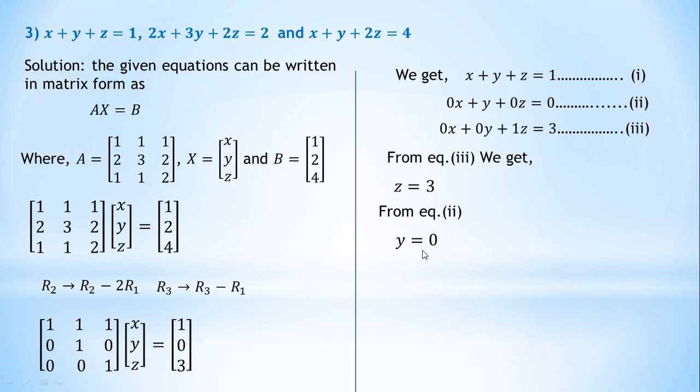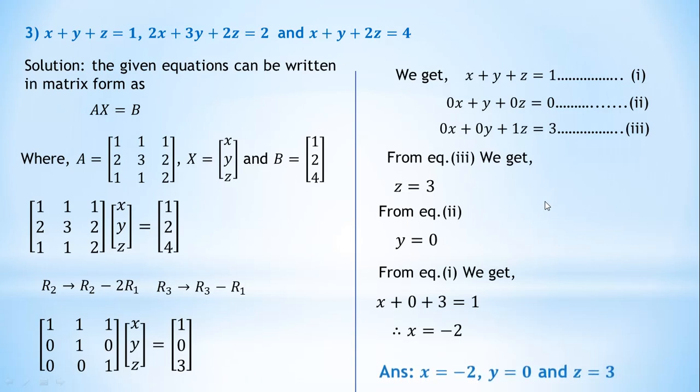Okay, so directly we get y is equal to 0, because on the right hand side that is 0. So it is very easy. So if you put all these values, that is value of y as 0 and value of z is equal to 3 in equation number 1, then we get the value of x is equal to -2, and hence our final answer is x is equal to -2, y is equal to 0, and z is equal to 3.